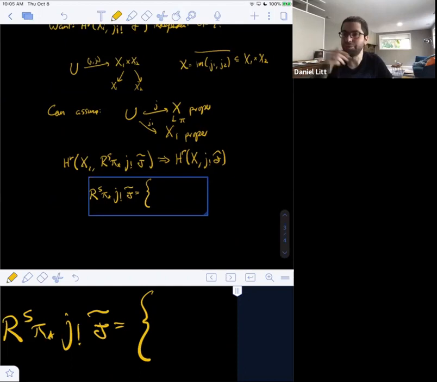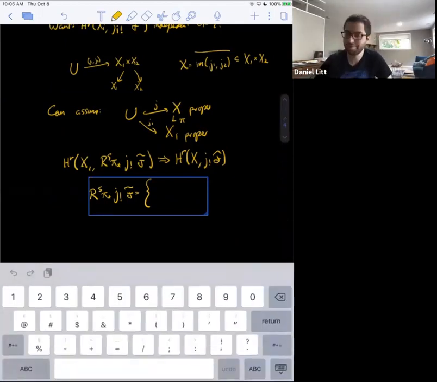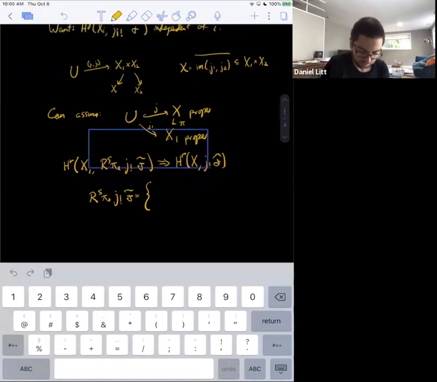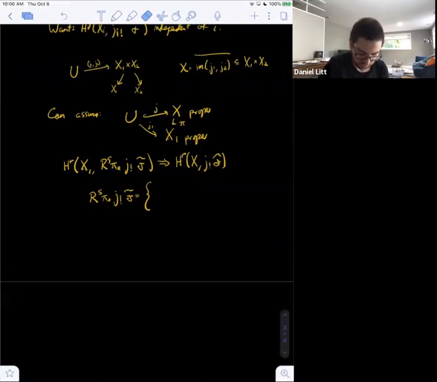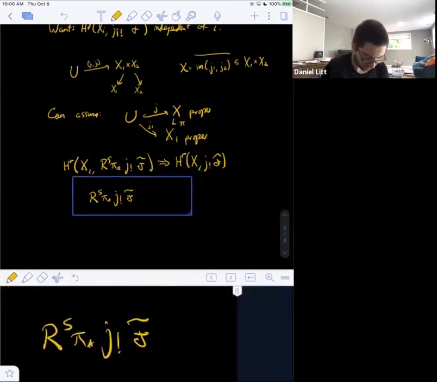How would you compute what these sheaves are? So let's first try to compute their stalks, maybe. Let's compute the stalk at some point x bar.